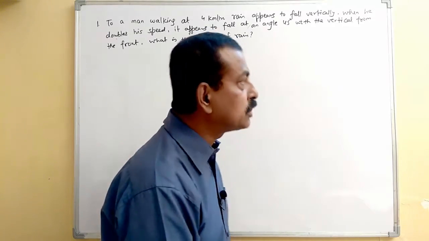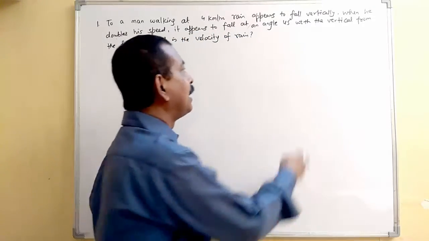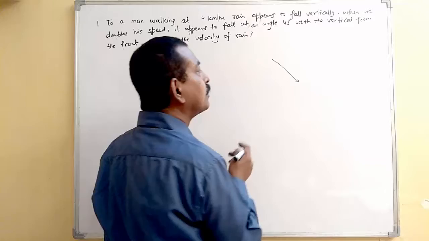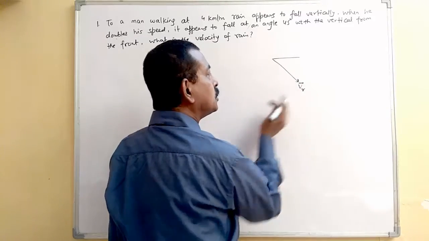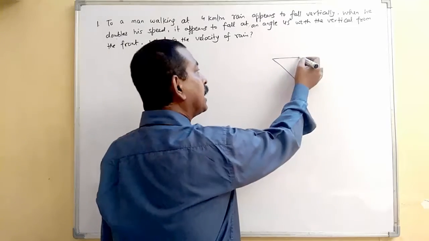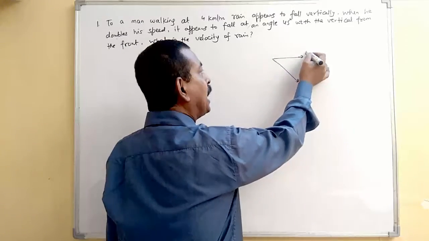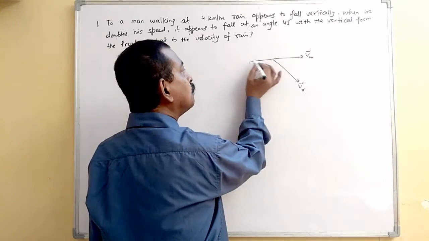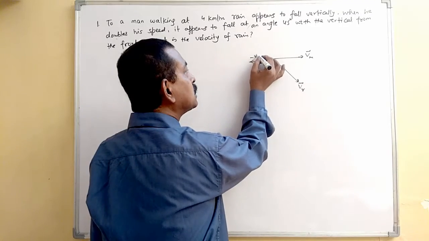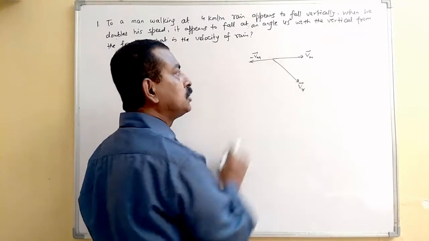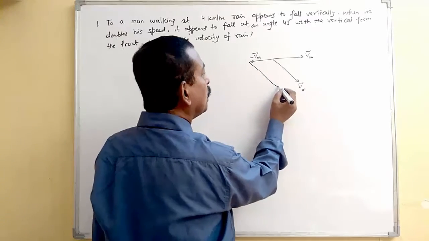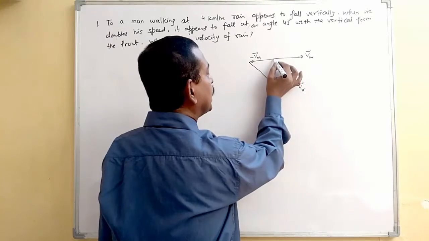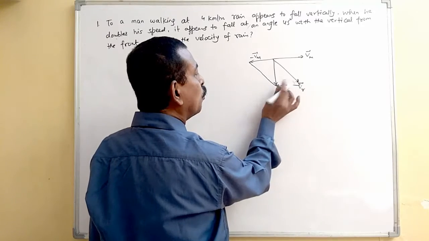Because if it is falling at some angle, like this, suppose it is falling, and this is the direction of velocity of rain, this is the direction of the velocity of man. If you now take the opposite one, that means the negative velocity of man, so that the resultant of the two may be somewhere in this direction, which is vertical.